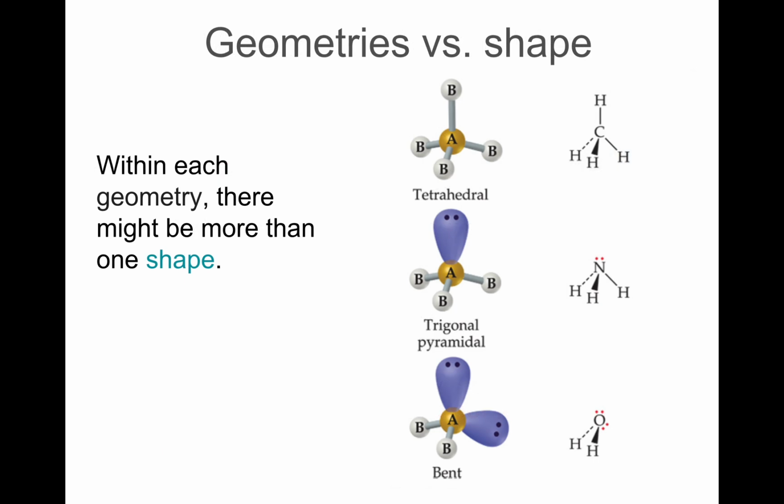Once we understand the geometries, each geometry can be broken up into a specific shape. Within each geometry, there might be more than one shape. Some examples are tetrahedral, trigonal pyramidal, and bent. Those are all shapes that can be within geometries, and we'll talk about each one of those.